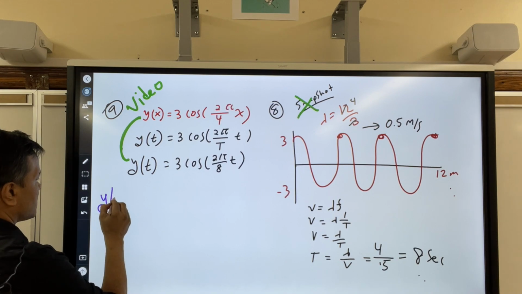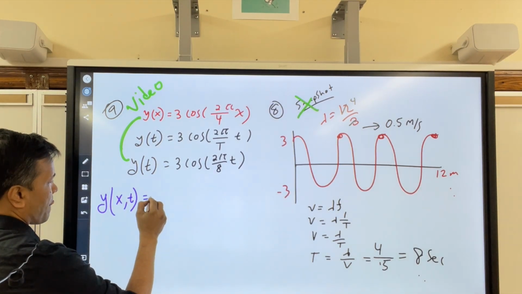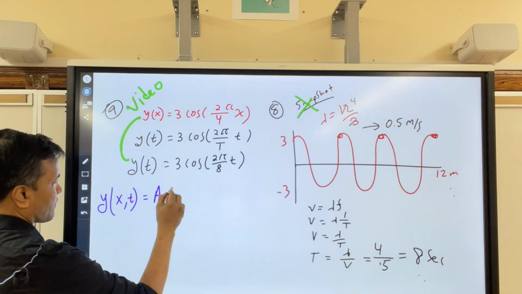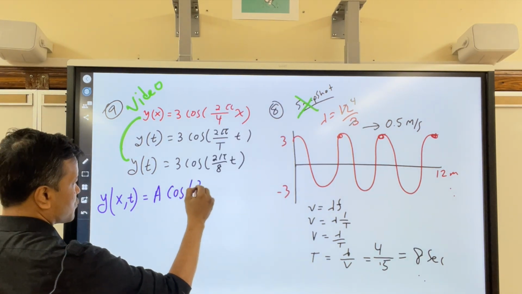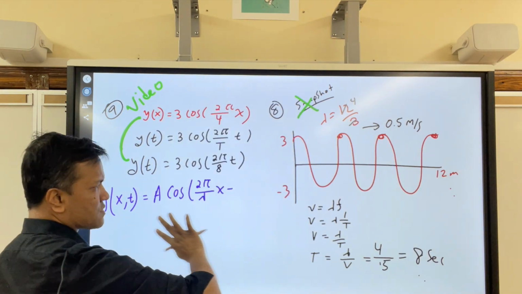Input x comma t is equal to amplitude cosine 2 pi over lambda x minus, minus because this is shifting to the right.